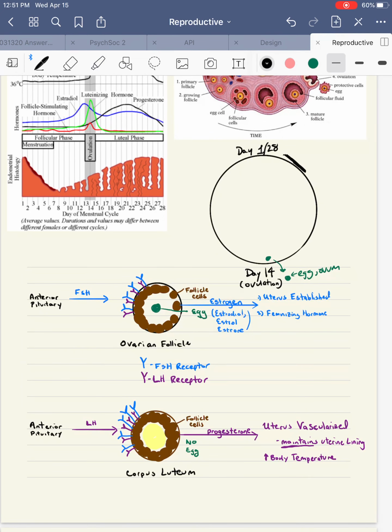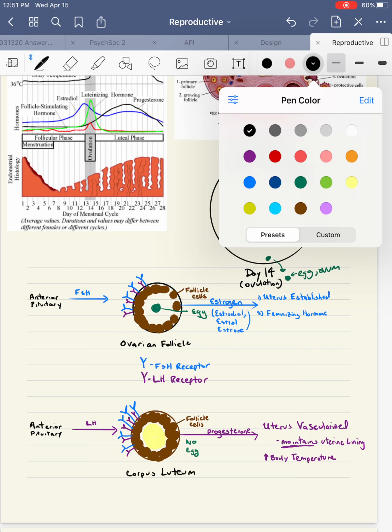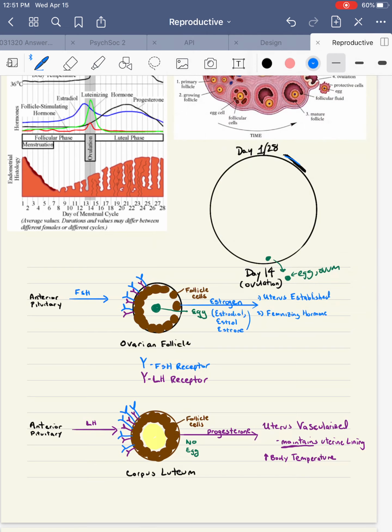Now, from day 1 through day 14, we have a phase of the menstrual cycle. Since it is before ovulation, we're going to call this the pre-ovulatory phase. It is also called the follicular phase.